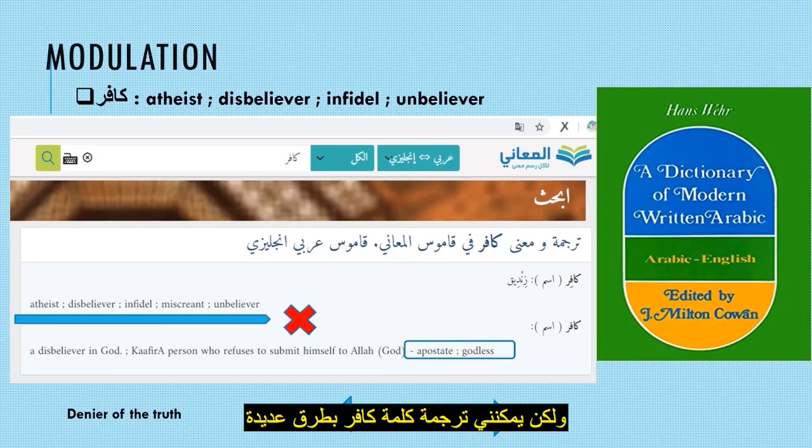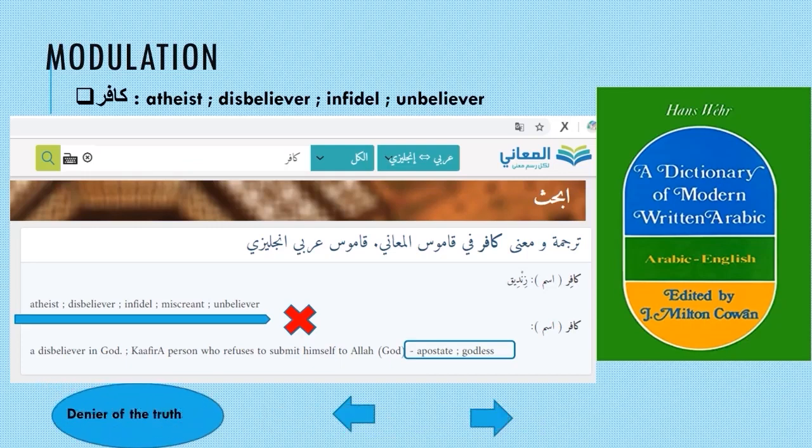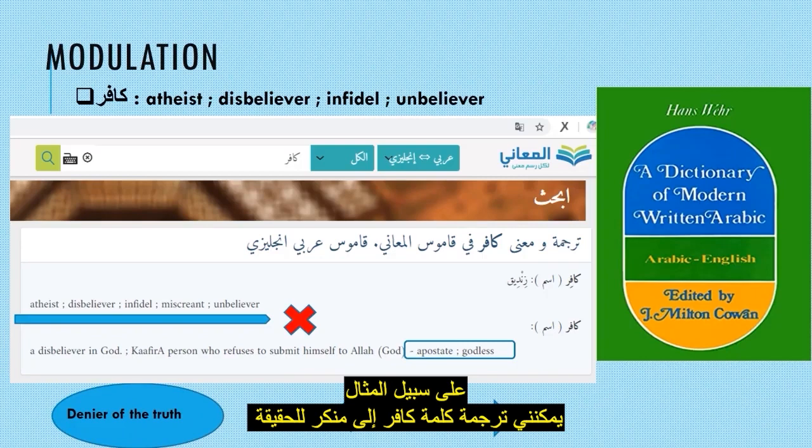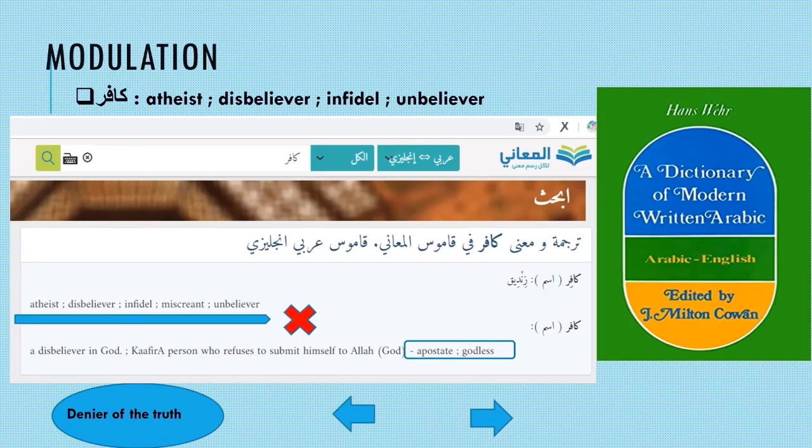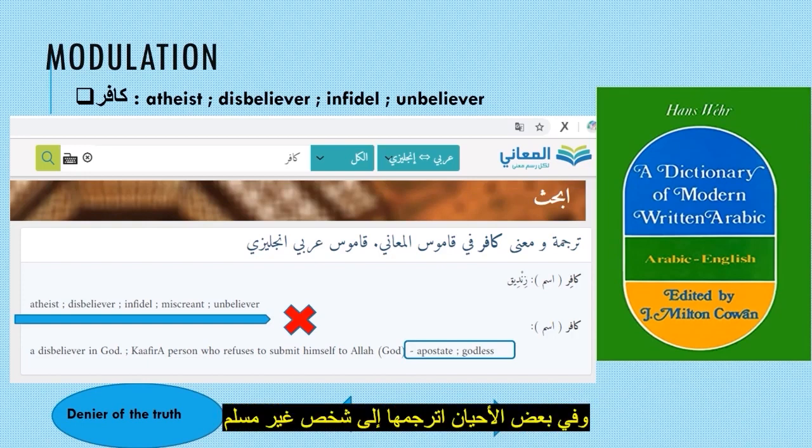But I can translate the word kafir differently. It depends on what context I work on. For example, I can translate the word kafir as a denier, and sometimes I translate the word kafir as a non-Muslim.